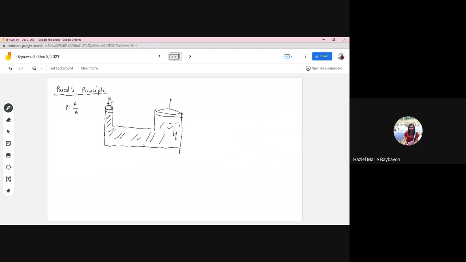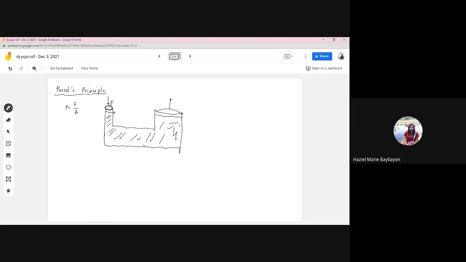So the area here is the cross-sectional area, which is circular. Okay, so if we apply a force here, this force will cause pressure.